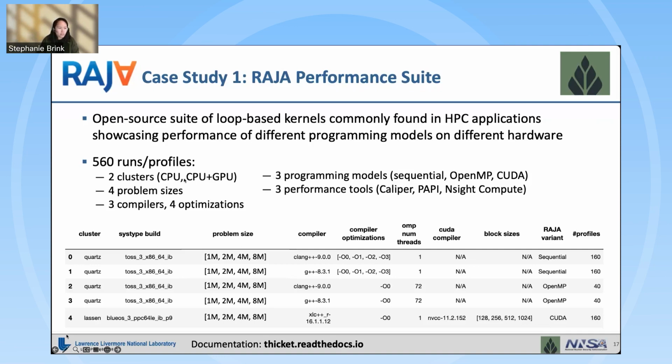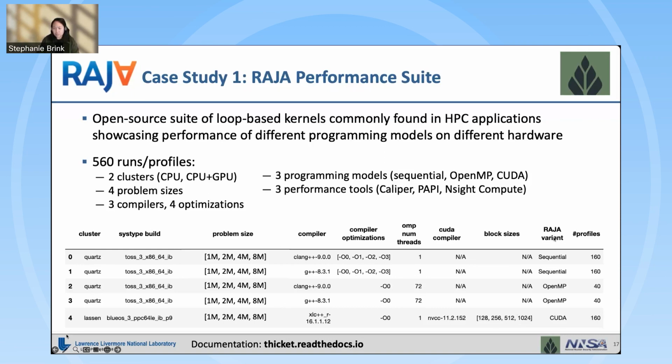So in our set of runs, we had a total of 560 profiles that we generated, varying the clusters that we ran on. We ran on Quartz and Lassen, as you can see down here in the table below. We had 4 different problem sizes for RAJA Performance Suite. 3 different compilers were used, 4 different optimizations, varying the number of OpenMP threads, as well as the block sizes for the GPU runs.